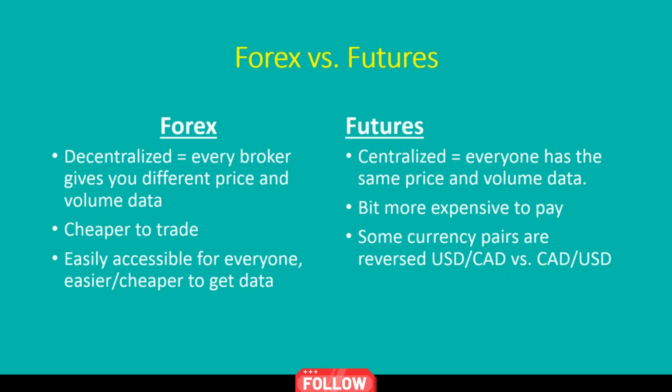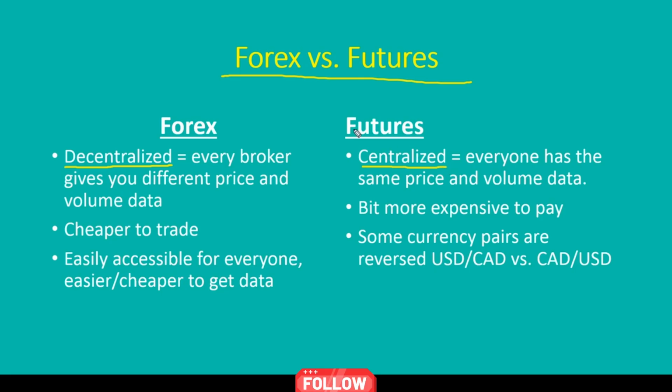The last thing I want to talk about in this video is Forex versus futures, because there's quite a difference between them. The most significant difference is that Forex is a decentralized market, whereas futures is a centralized market.